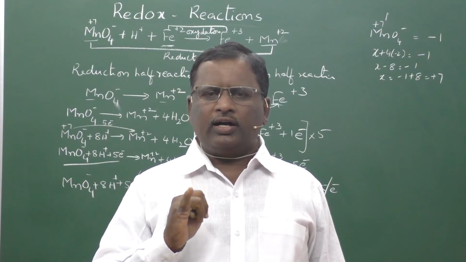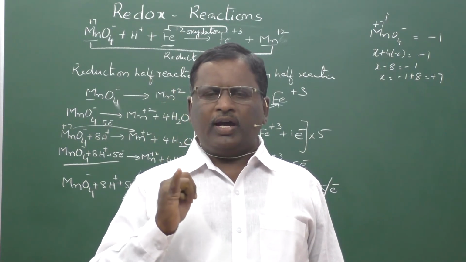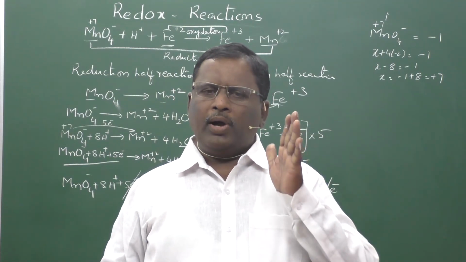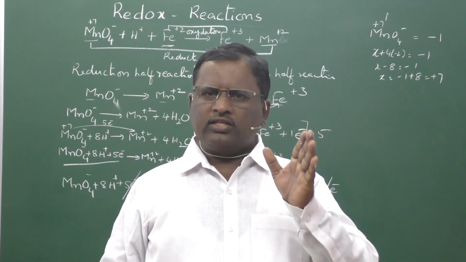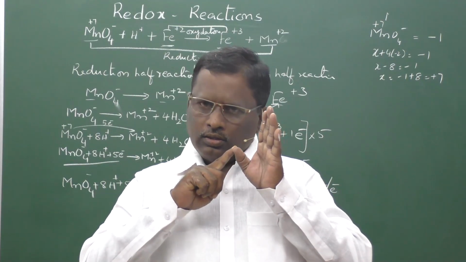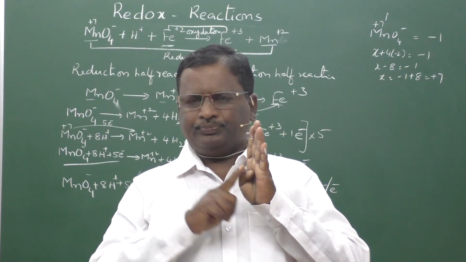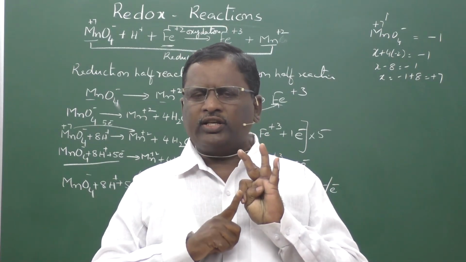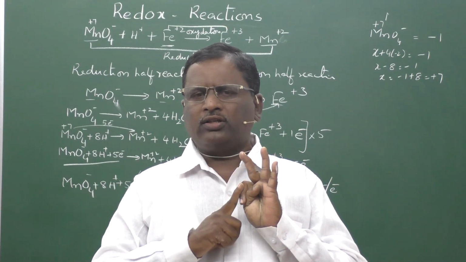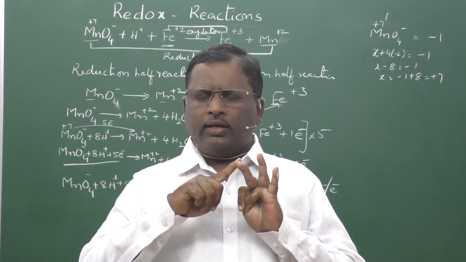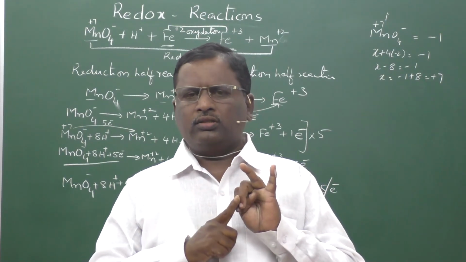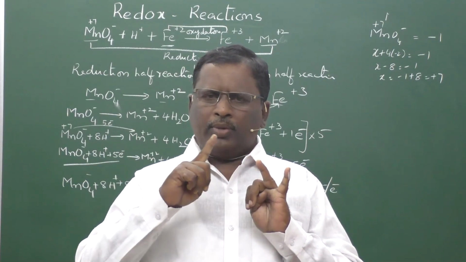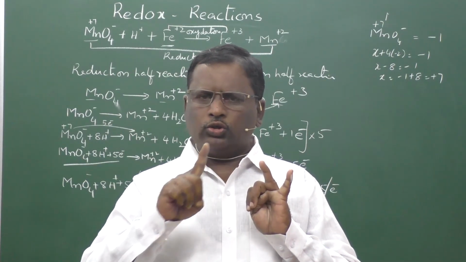While balancing the half reaction, first balance the elements other than oxygen and hydrogen. Then balance oxygens by adding H2O to the deficient side. Then if the reaction is carried out in acidic media, balance hydrogens by adding H plus ions to the deficient side. Then balance electrons.